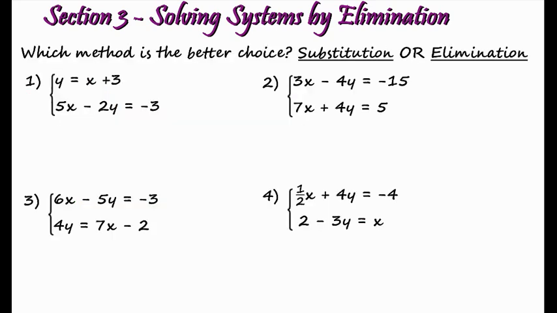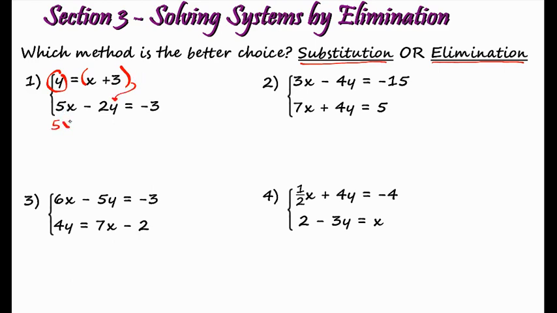So here we're just going to look at 4 different problems, and we just want to identify which method we should use, the substitution method or the elimination method. So if we look at problem number 1, because the y variable is isolated, we can replace y with x plus 3 in the other equation.